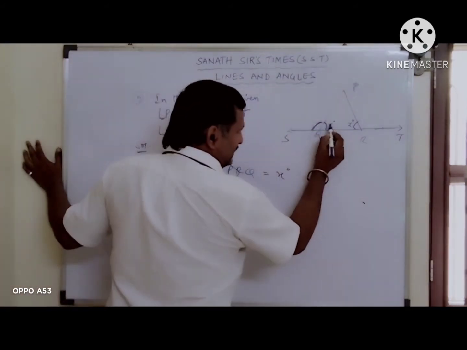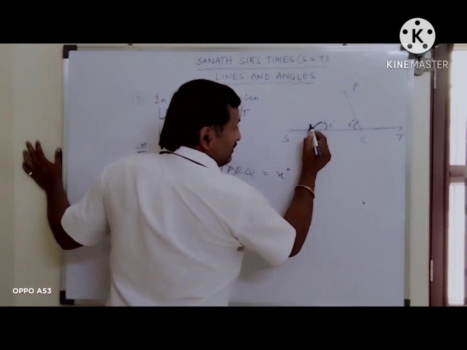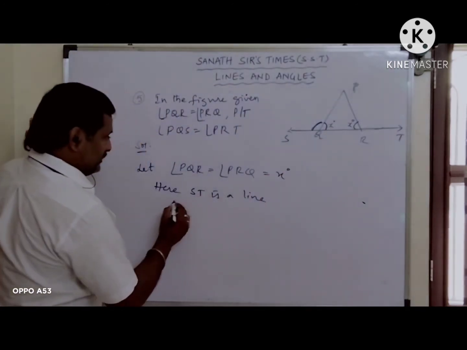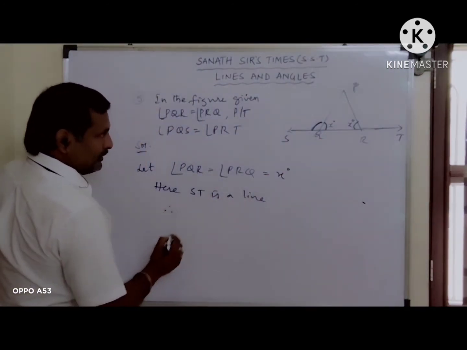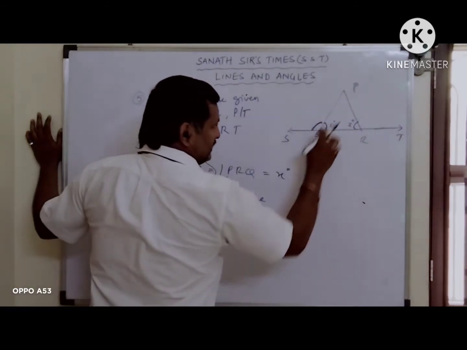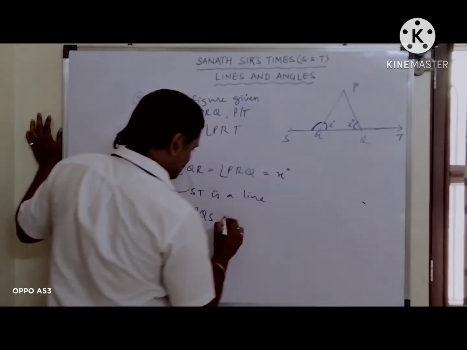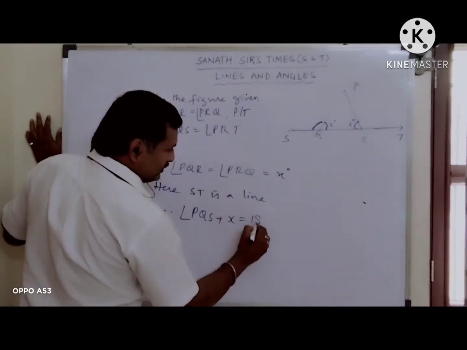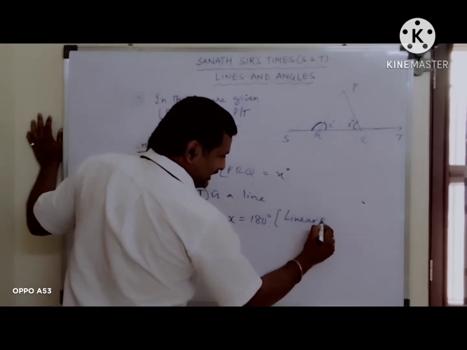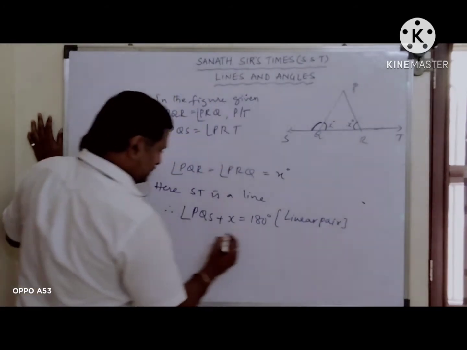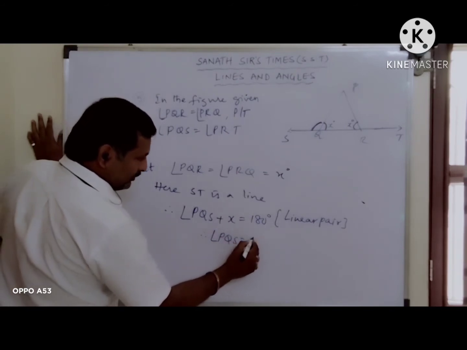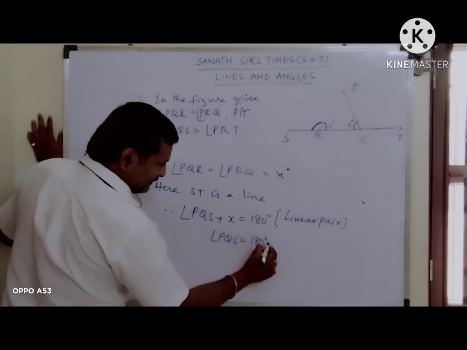So if this is equal to x, this must be equal to 180 minus x because both are a linear pair. So ST is a line, therefore angle PQS plus x must be equal to 180 degrees. Reason: linear pair. So therefore angle PQS is equal to 180 degrees minus x.